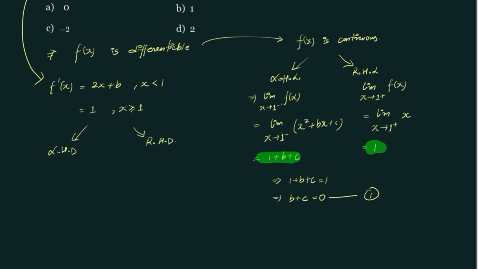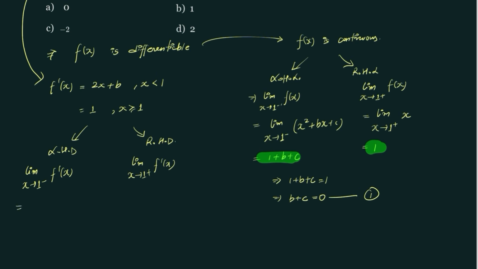Now let us find the left hand derivative. It is limit x tends to 1 minus f dash of x, and the right hand derivative will be limit x tends to 1 plus f dash of x.